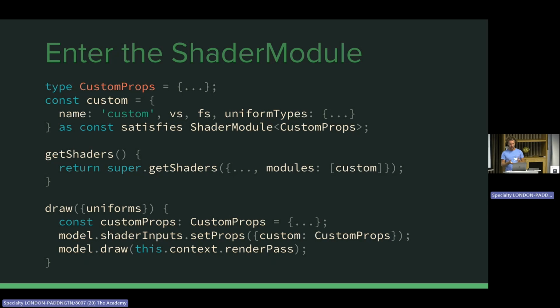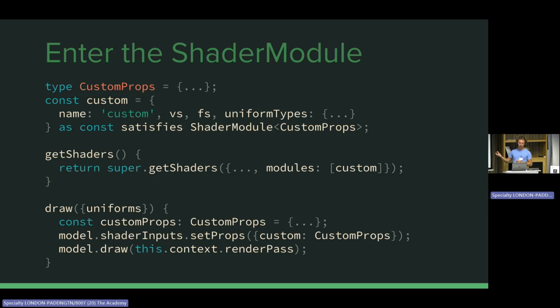So the way we use a shader module is that at some point we define it. This is a very abridged version of the API. The main thing here is that we've defined some custom props which specify our interface into the module. Then when it comes to a Deck.gl layer, every layer has a function called getShaders, where we retrieve the vertex shader and the fragment shader for this layer.